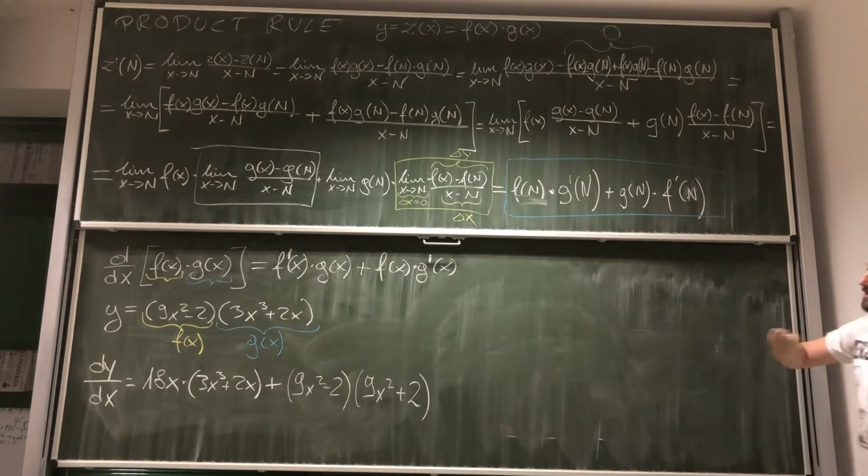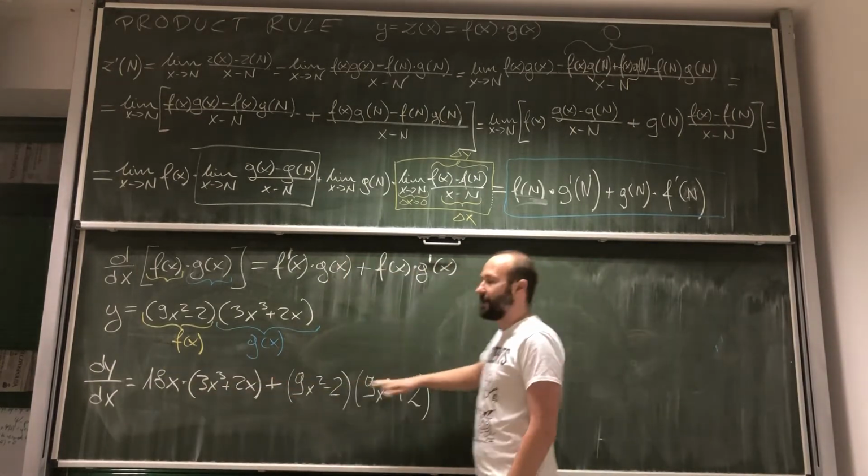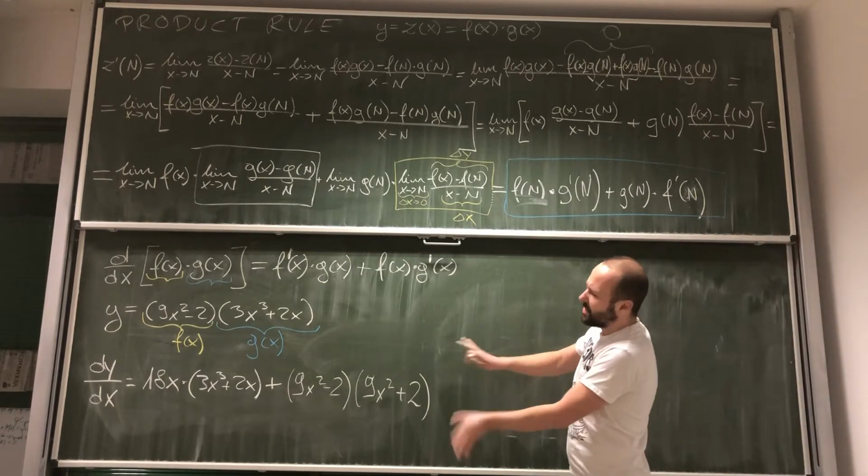Now, this is the ready result. Of course, at the exam, you need to multiply everything out, but for now, this is not the point. We are just practicing the rule, so this is how we're going to leave it.